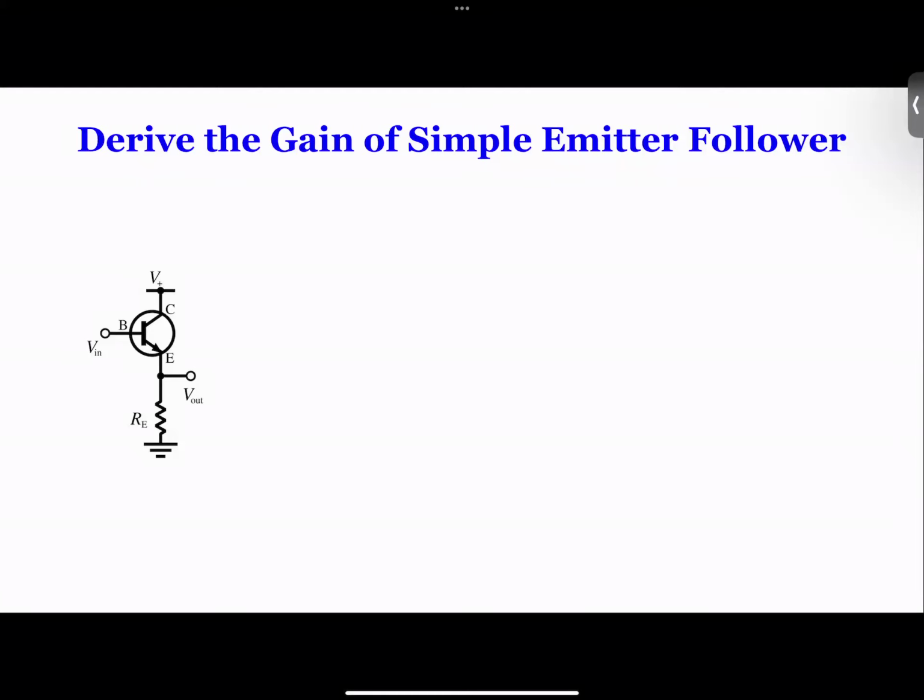We can start from the pi model to see if we're going to make it work, and then we can look at the T model to see how simple that can get. So for the pi model, this is your pi model.